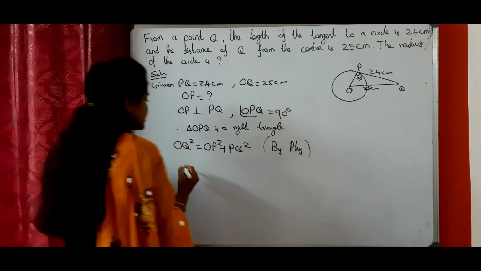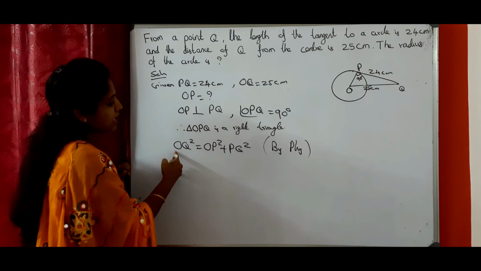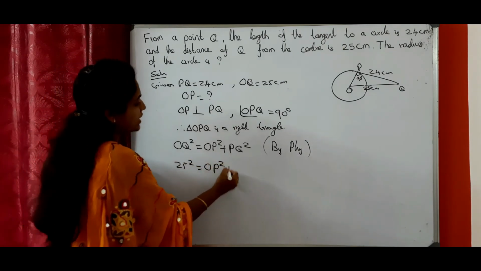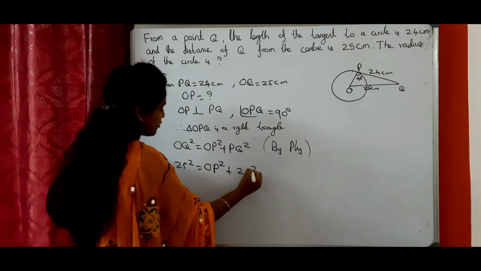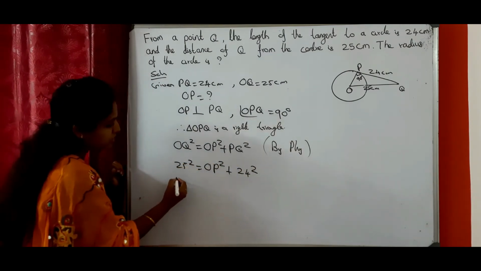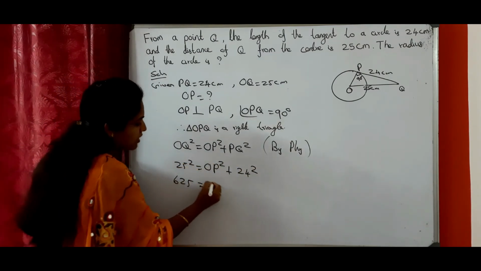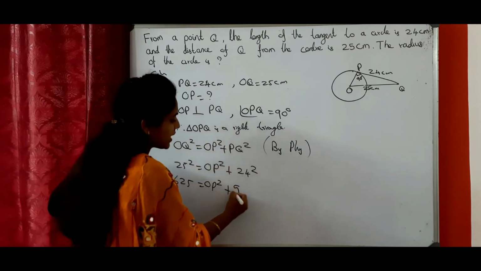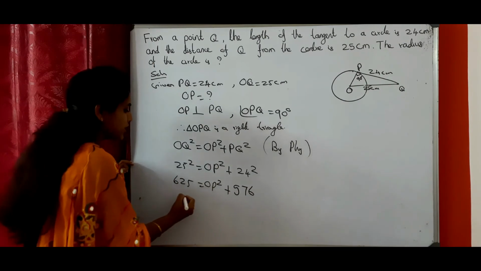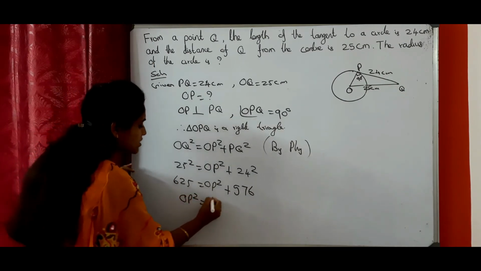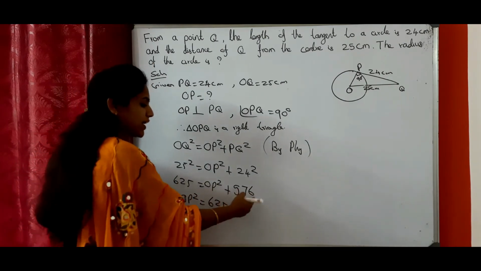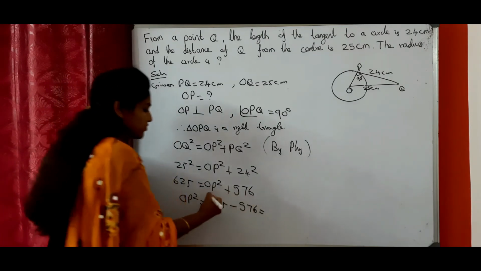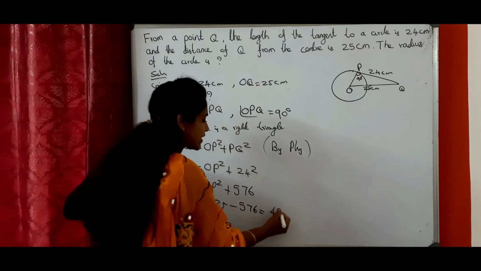Here we can apply the values: OQ equals 25 squared, OP we need to find, and PQ equals 24 squared. 25 squared equals 625. Then OP squared plus 24 squared, which is 576. Then OP squared equals 625, I am taking this 576 here, now it is minus 576. So if you do the subtraction, we will get 49.